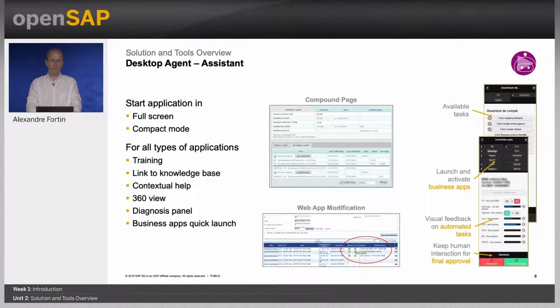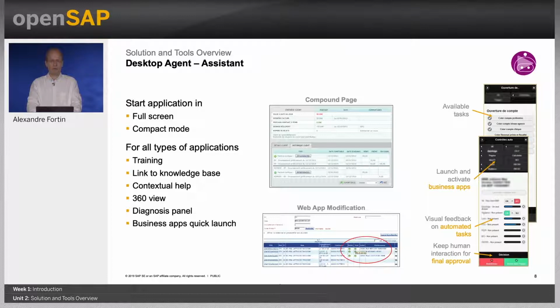When it runs as digital assistant, the agent is able to start applications in full screen or compact mode. And more interesting, the digital agent can display graphical forms or banners specifically dedicated to help the user in his daily work, such as a 360 view, tooltips, and so on.